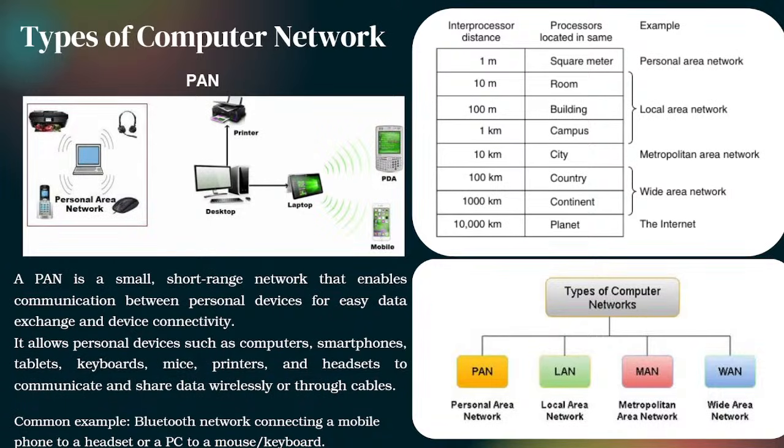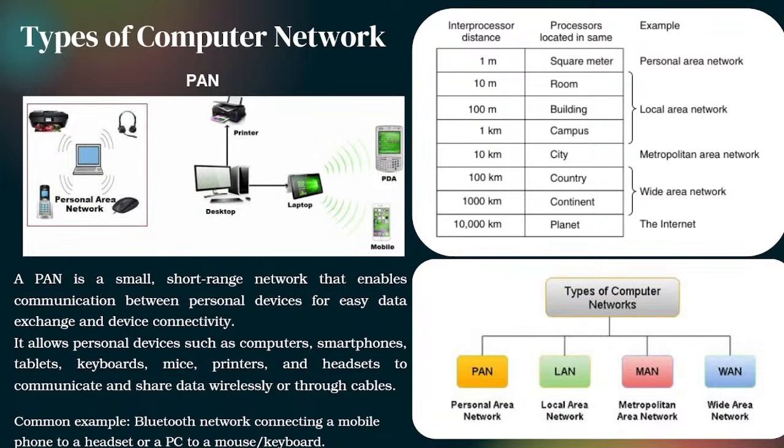So here the 1 meter distance can be considered for the personal area network. If it is 10 meter, 100 meter or 1 kilometer, we can say that it is local area network. If it is 10 kilometer, it can be considered as a city, so it is for metropolitan area network.